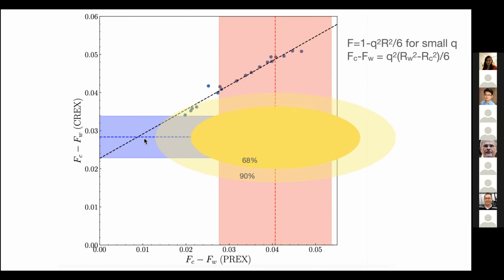So CREX has a much thinner skin, and combined CREX and PREX seems to be favoring results a little bit more than 1 sigma below the PREX result.